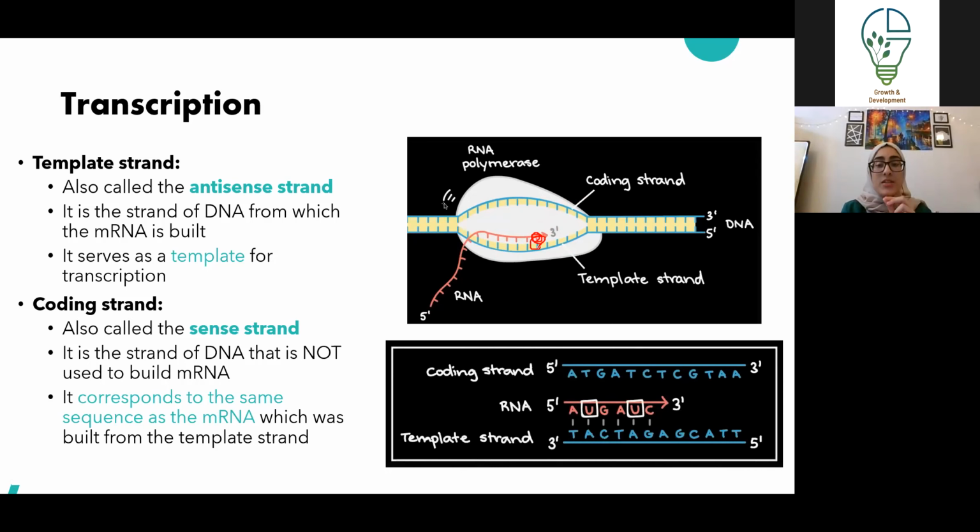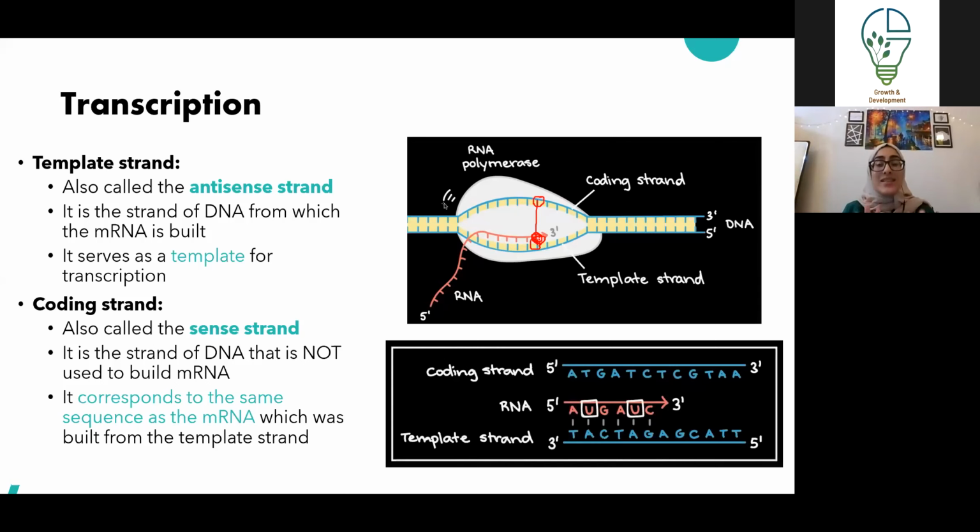However, the coding strand has exactly the same nucleotide on this end, because ultimately it was the coding strand that was matched with the template strand, right? They were together, they were both matching base pairs, they were paired up. So when the coding strand is separated, the RNA strand that is formed is actually a replica of the coding strand, which was initially paired with the template strand. And that's why it's called the coding strand, because the RNA strand that's produced is the same as the coding strand.